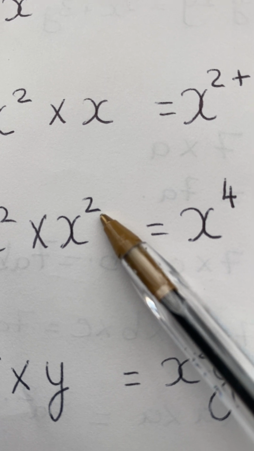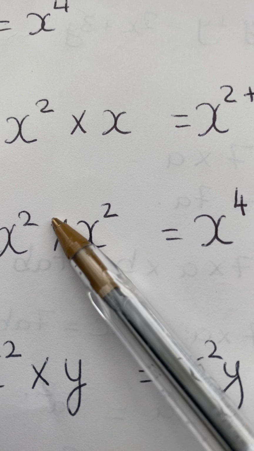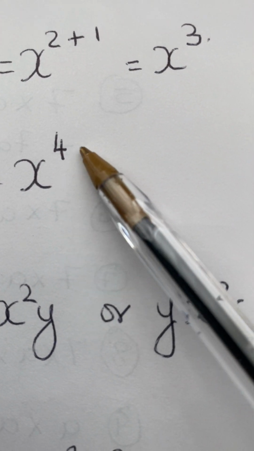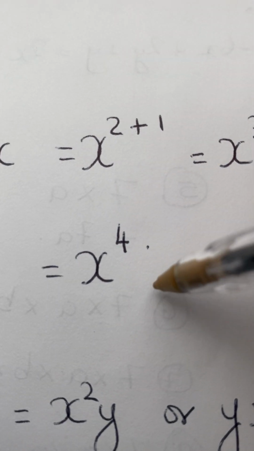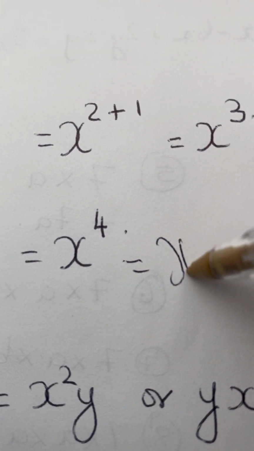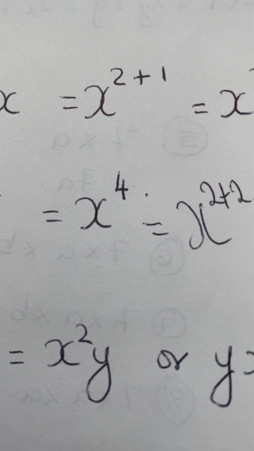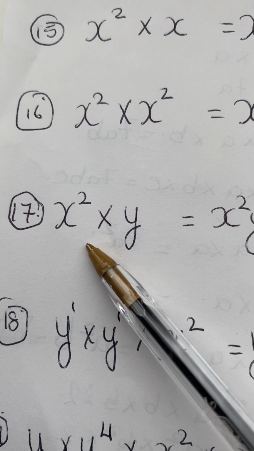Okay, so x to the power 2, x to the power 2, so x to the power 4, which is the same as x to the power 2 add 2.